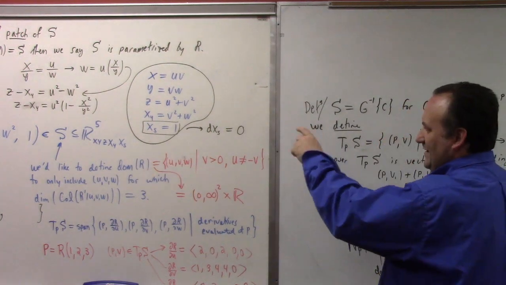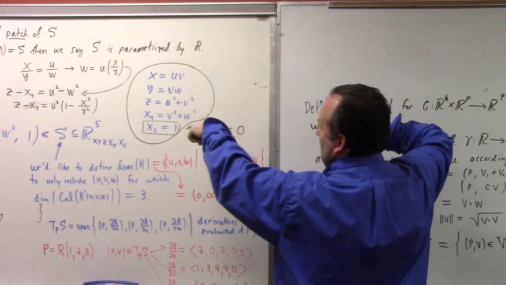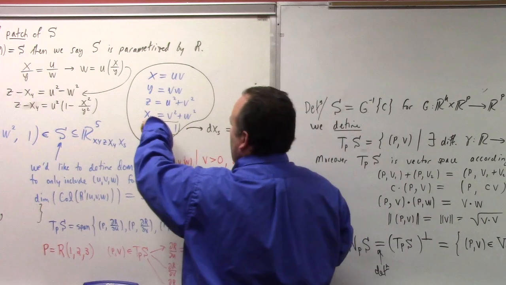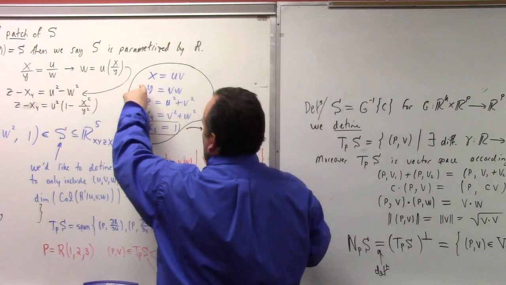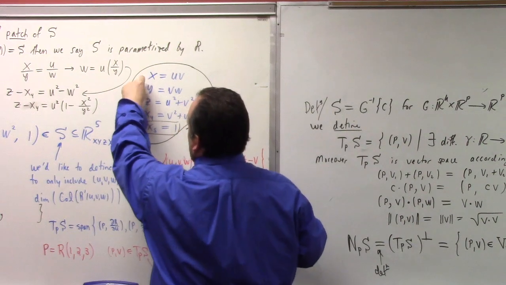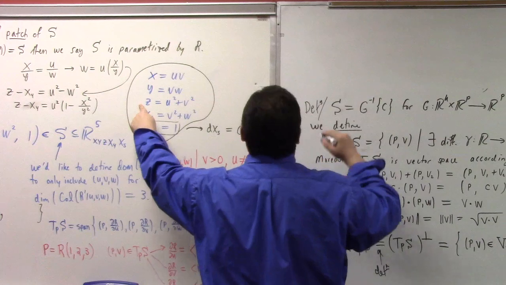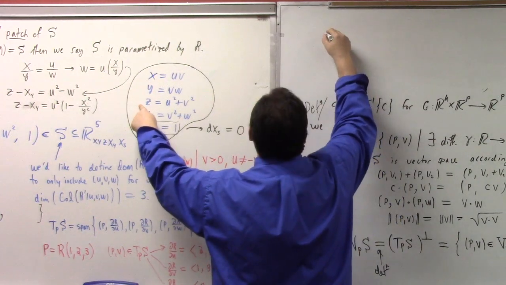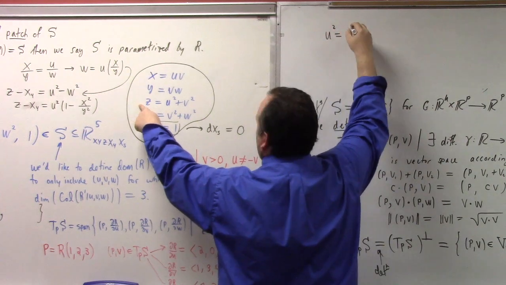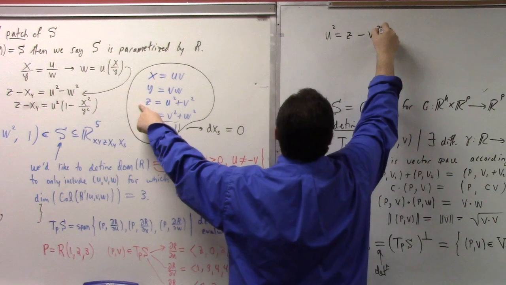Listen, if I somehow isolate the u, right? I have two equations with u. I've used both of them here. Well, no, I used the top one to get this x over y equation, right? But I haven't used this one yet. And so that tells me u squared is z minus v squared, right?